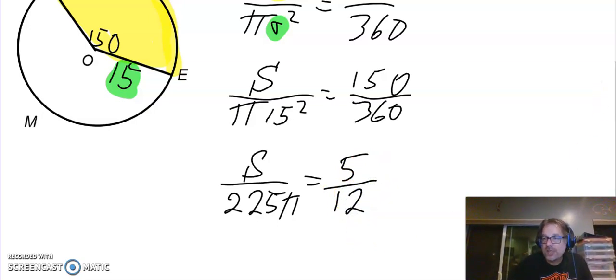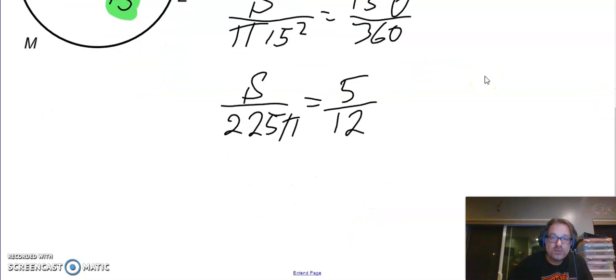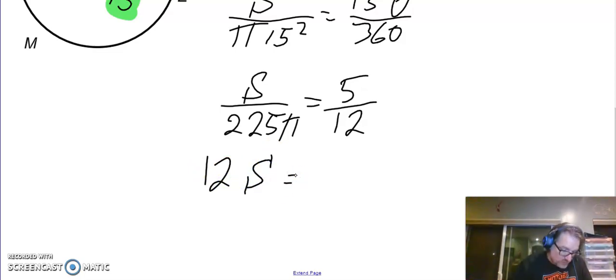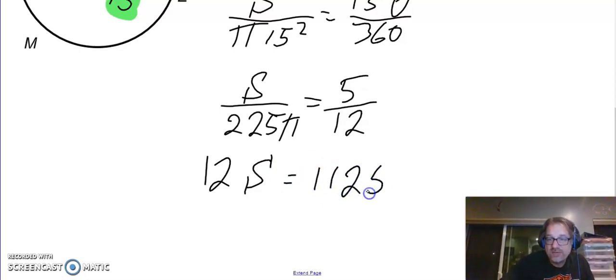So I am going to cross multiply S times 12. That's going to give me 12S. And 5 times 225 pi gives me 1,125 pi. Let's divide both sides by 12.